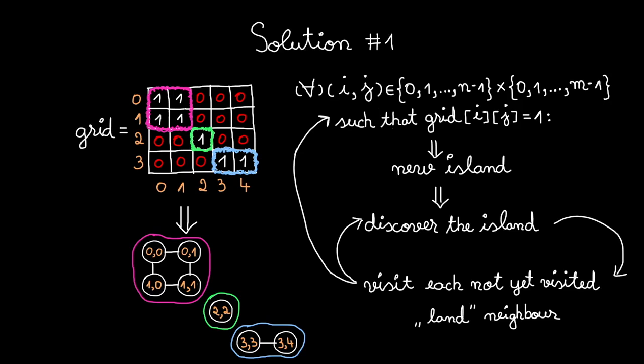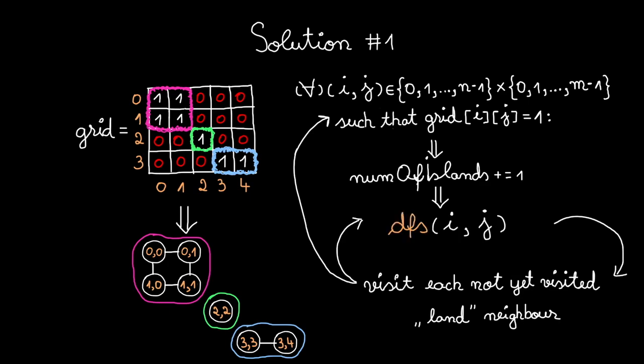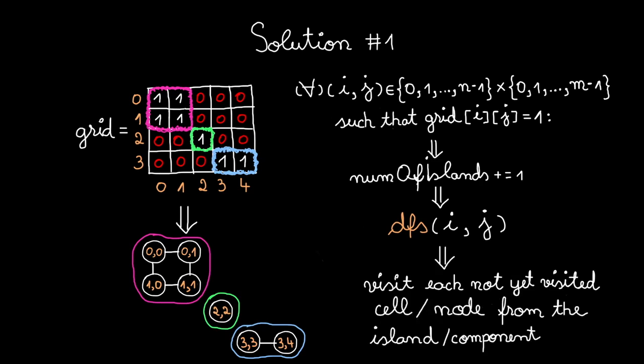And finding a new island means that we will increment our answer. Then, discovering the island means that we will call the recursive function, which let's name DFS, with this cell as argument. Using this function, we will visit each unvisited cell or node from the island or connected component. It's your choice how you want to visualize it. After the call terminates, we continue looking for new islands.